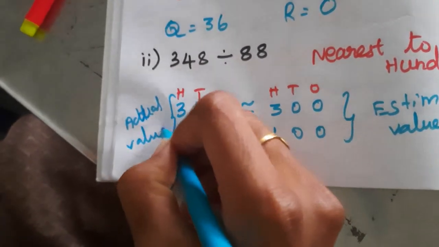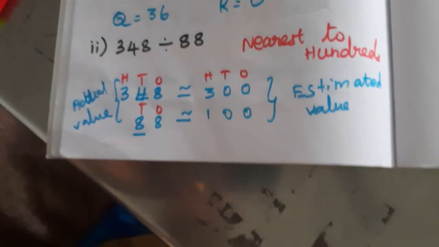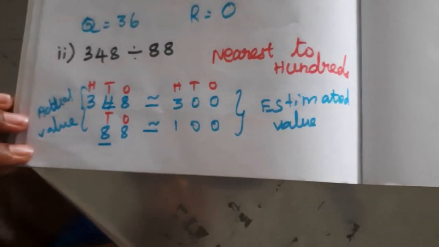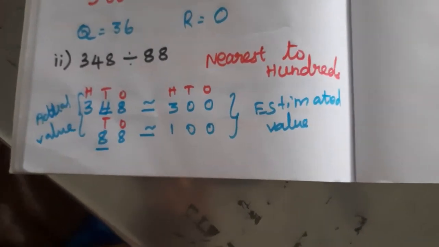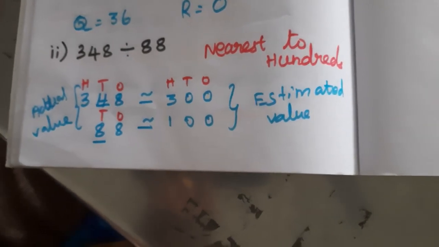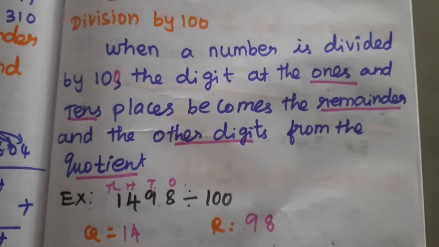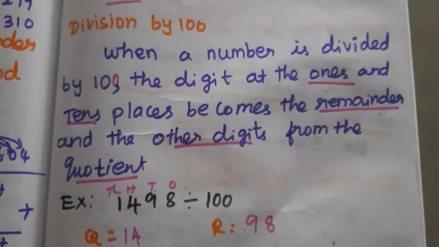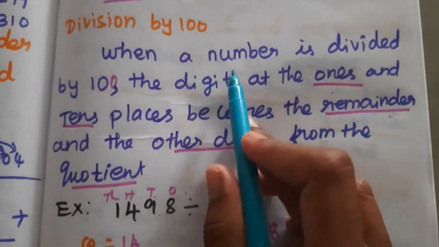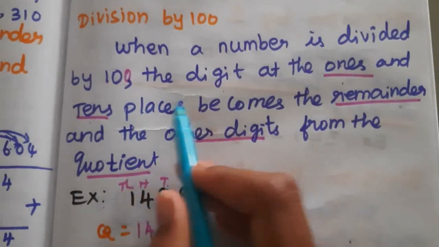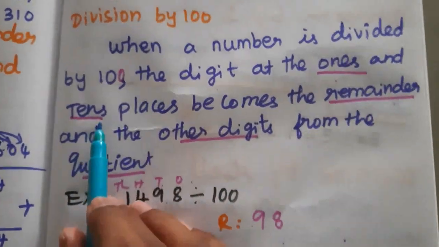Actual value. So first we have to recall what is the procedure to find the quotient and remainder when divided by 100. So this is the concept for division by 100. When a number is divided by 100, the digits at ones and tens place, what are the places?